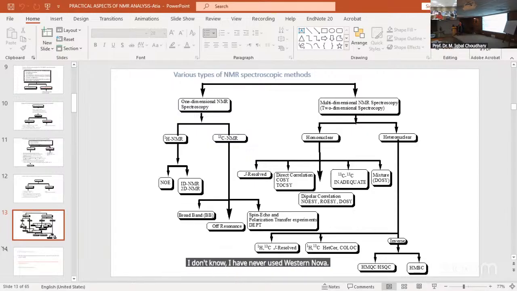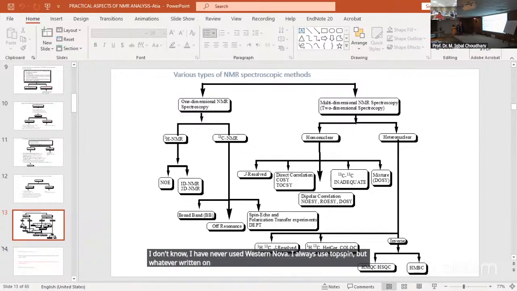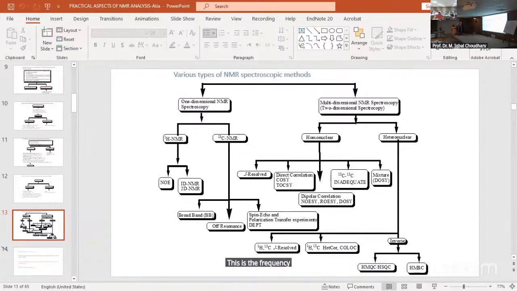I always use TopSpin, but whatever is written on your spectrum, this is the frequency that your nuclei is facing. And whatever is read by Nova, this is another third-party software, so I don't know. Whatever is written in Bruker, I myself always use TopSpin for analysis and everything.